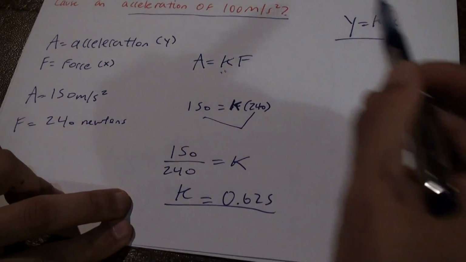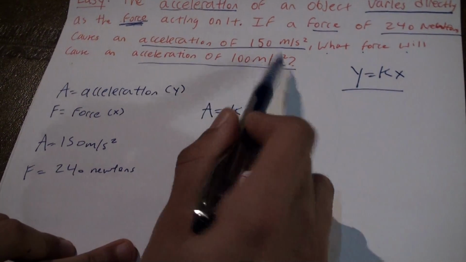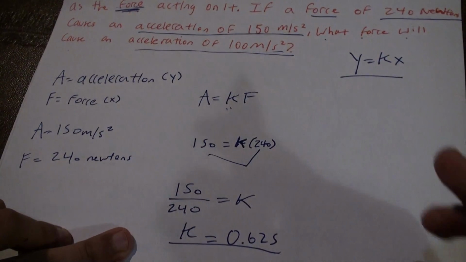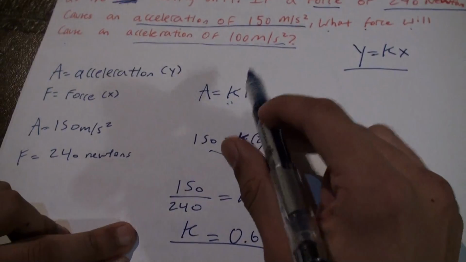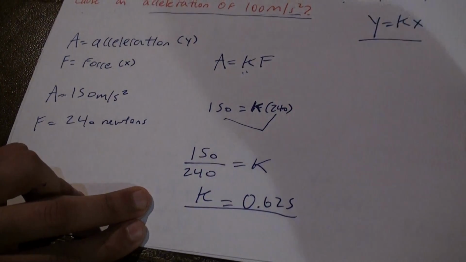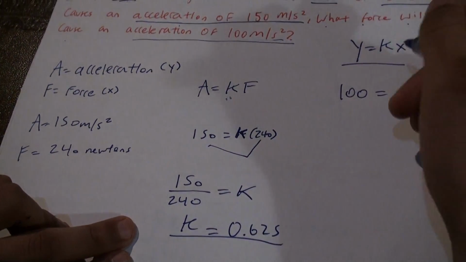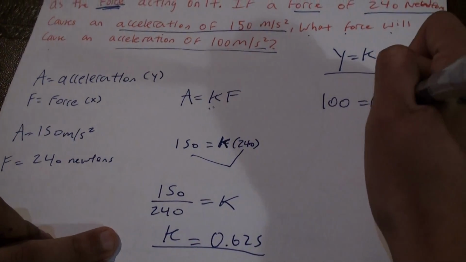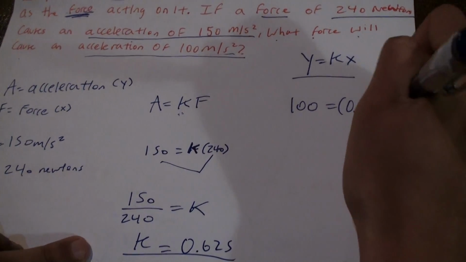So the second part of the problem is, what force will cause an acceleration of 100 meters per second squared? So, knowing that the acceleration is 100 and the constant is 0.625, you can have another equation, which is 100 equals the constant, 0.625, times F, because that's what you're trying to find.